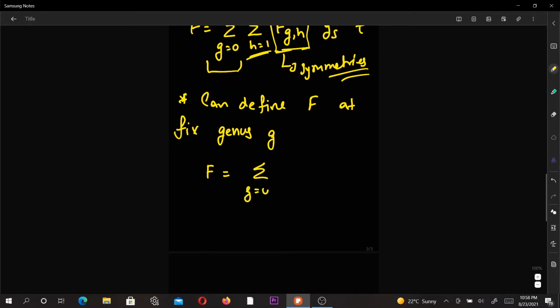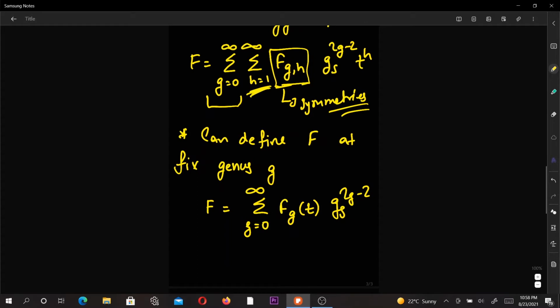F equals the sum over G from 0 to infinity of F_G of t, we have absorbed this t here. So what did we do here? We just did this expansion. That is, if we do this expansion, it's just F_G0 plus F_G1 and so on. So we have done that expansion, and all the factors are absorbed into this thing, so that we have only the genus expansion.